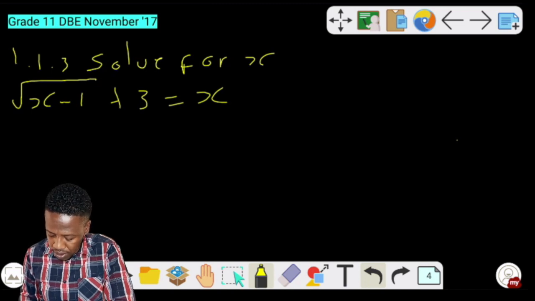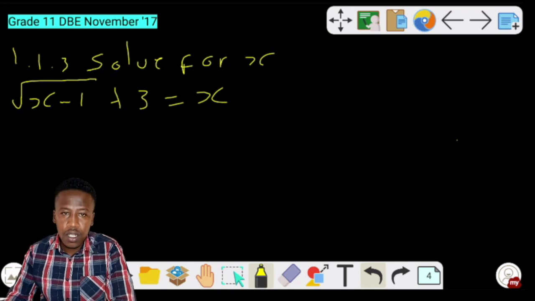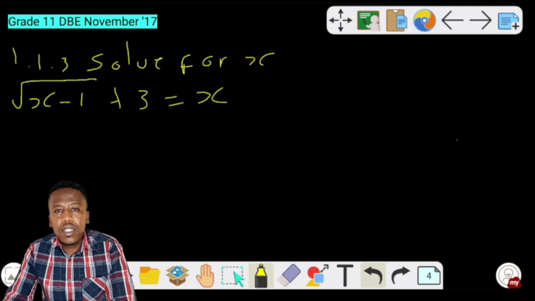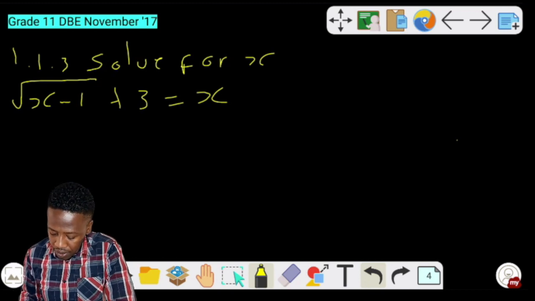Now when you get this sum, the first thing you should do is try to get it into a standard quadratic form, right? Now how do we get there?